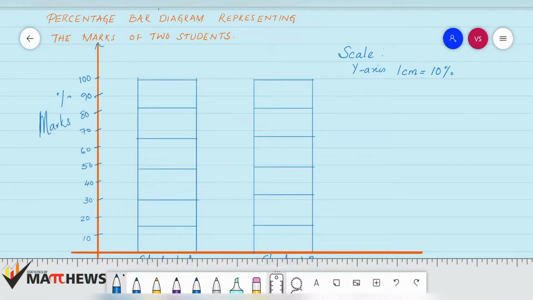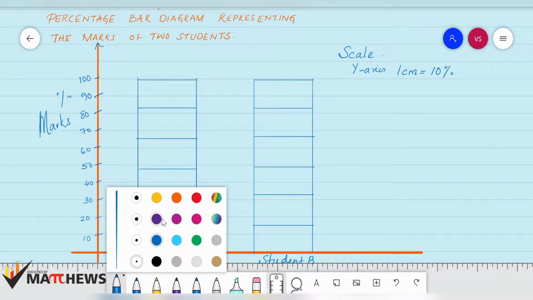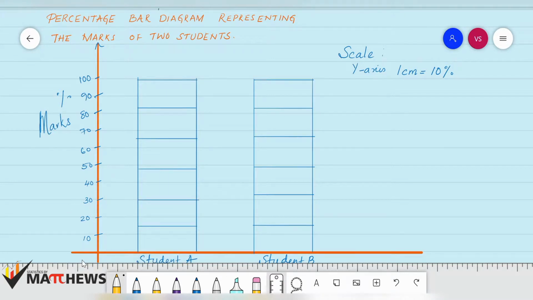We'll start doing the shading, students. I will be doing the shadings in a different color, so it will be easy for us to understand what it is all about. I'll start with these cross lines.